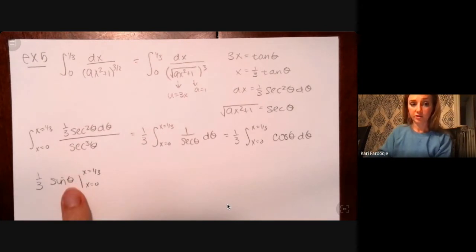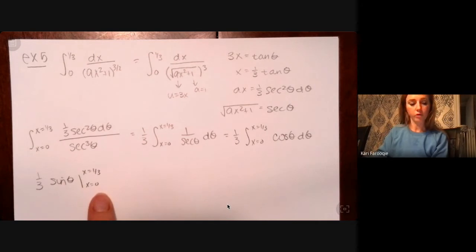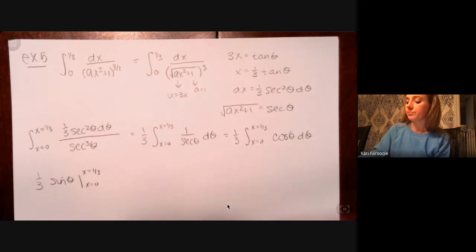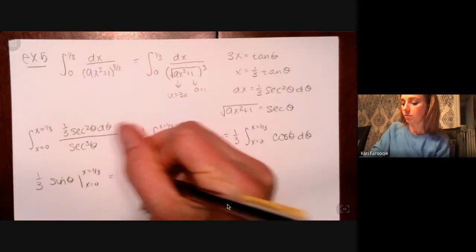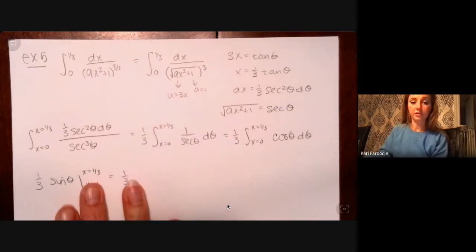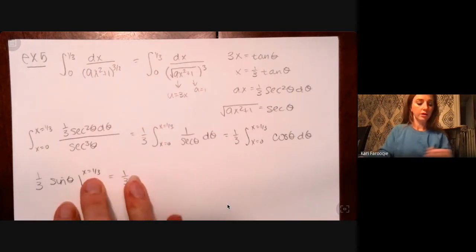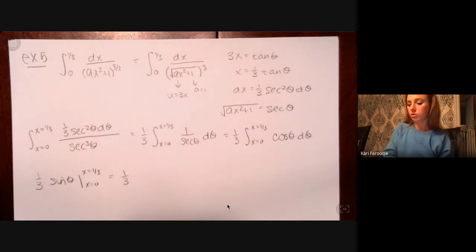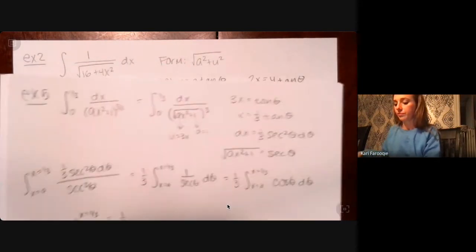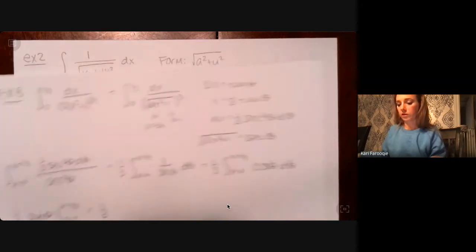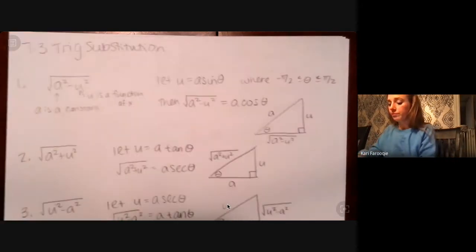But I don't have any x's, I just have thetas. So when we do this, we're going to have to switch this back over to x by back substituting. So you are going to rewrite sine theta in terms of x, and you can just reference your triangle. To remind you, from page 1 we had the situation of a squared plus u squared under the radical.